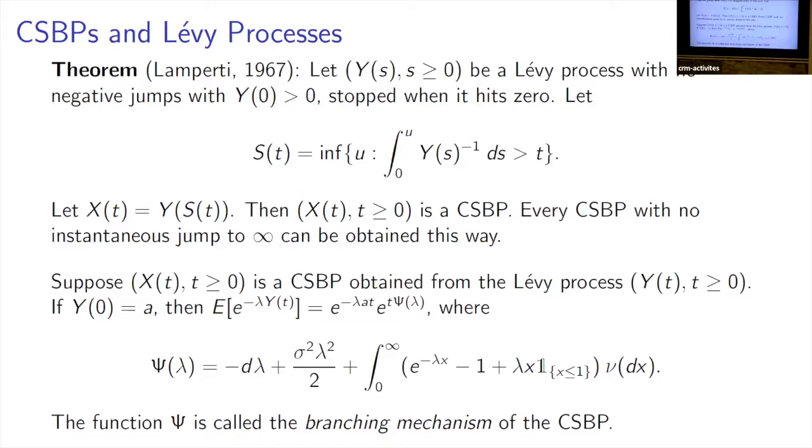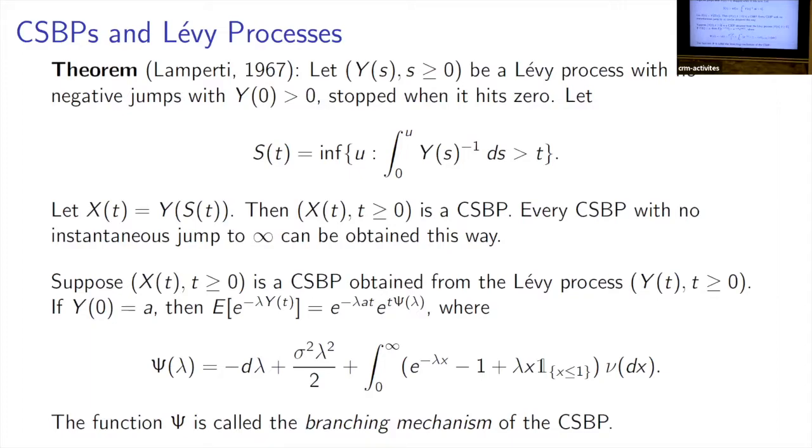And so we need to do this time change to make the time run at a speed proportional to the population size. Negative jumps are prohibited because negative jumps would mean that many individuals die at once, which contradicts the idea that individuals behave independently of one another. On the other hand, positive jumps are allowed because one individual could have a large number of offspring all at once.